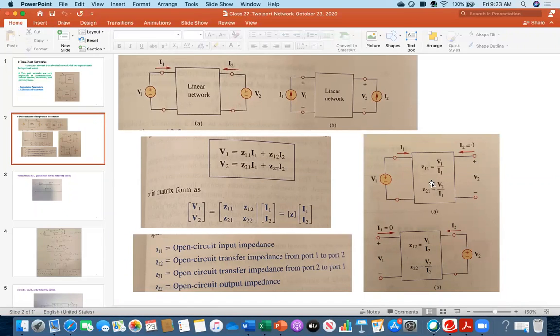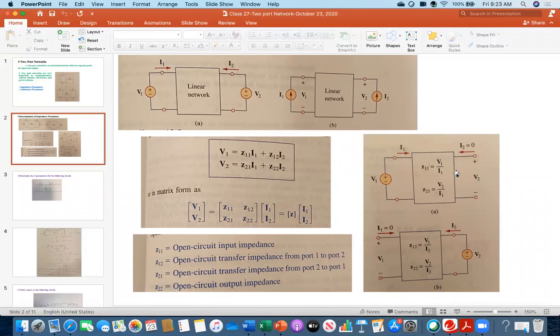See what I did here. On the left side I have the voltage source, but on the right side I have kept it open. I have made it open circuit on the right side. Because the right side is open, there is voltage, but current is zero. That's why I say I2 equals 0.